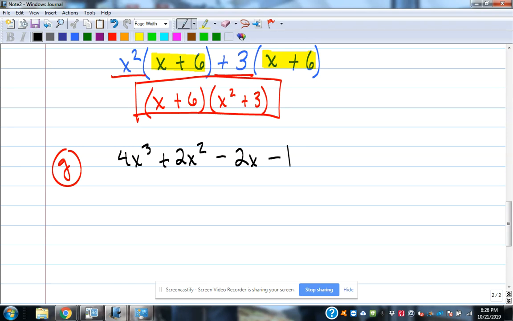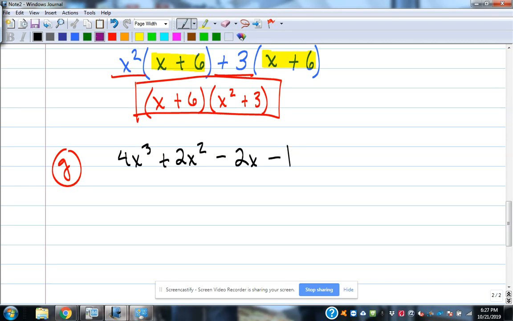Almost, but that 1 on the end messes it up. It looks like 2 would be in common between everybody, but that 1 messed it up. So not 1. So then I count terms. 1, 2, 3, 4 terms. There are 4 terms. My rules of factoring tell me to use grouping to factor that.